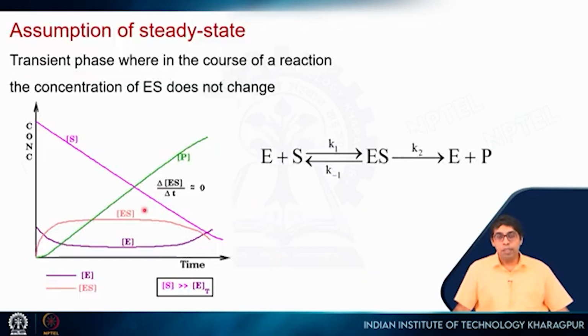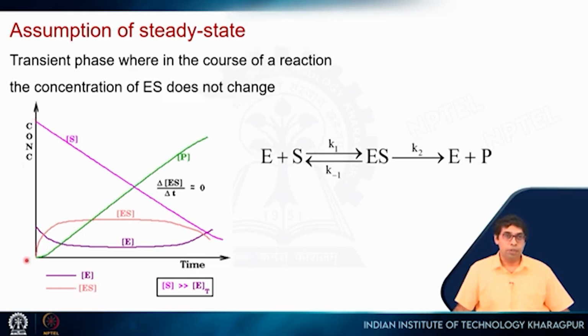This was not known when Michaelis and Menten came up with this equation, but now, using numerical analysis, we can plot the concentration of the substrate, the product, and the enzyme substrate complex. Of course, the substrate starts with some value at time 0 and decreases over time.